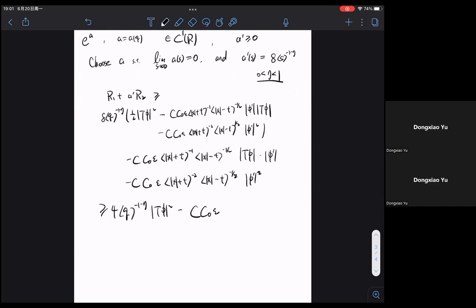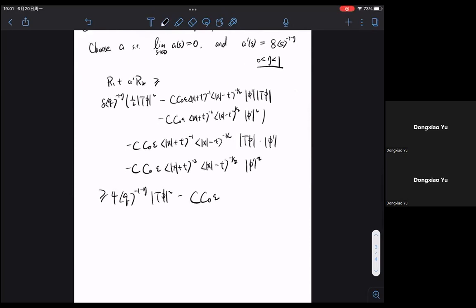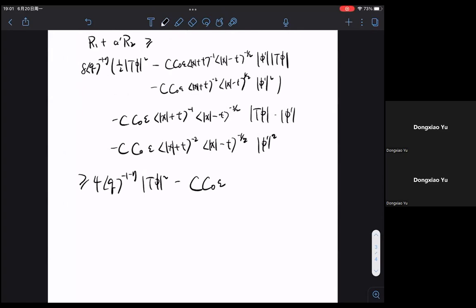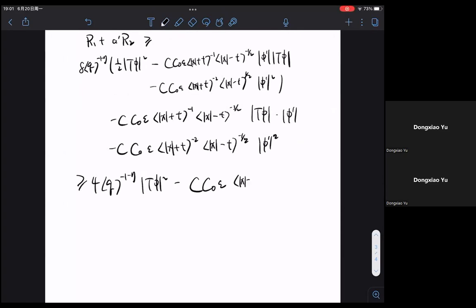So this 8 is absorbed by this c0 epsilon, so let me just write it down without this 8. I have (x plus t) inverse, (x minus t) to the -3/2 minus eta, so -1 minus eta minus 1/2. And also remember that q is equal to r minus t. So we have a q here.